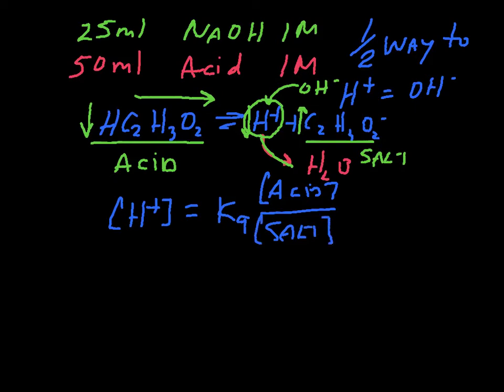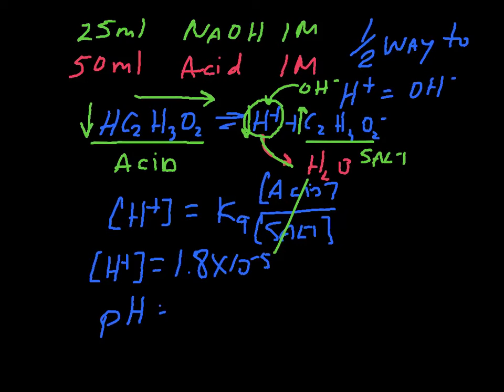And it just so happens that those are equal. So now the hydrogen ion concentration, H+, is equal to the Ka, which is 1.8 times 10 to the negative fifth. Going through the whole rigmarole, I'm going to find out that the pH ultimately is equal to 4.74.